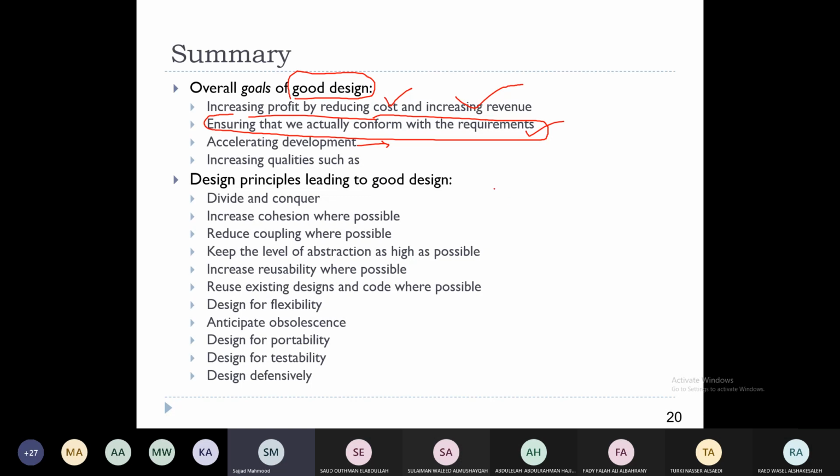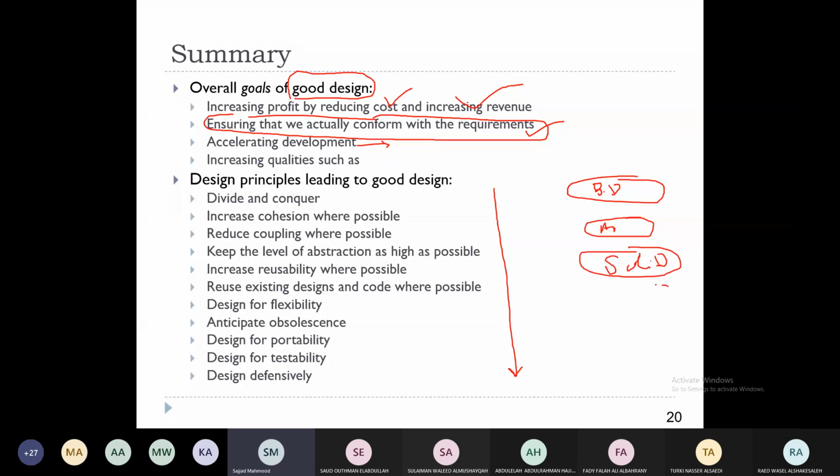I just encourage you guys to keep these 11 basic rules in the back of your mind. You know the basic design techniques like abstraction and encapsulation. You know the architectural styles. You guys now know the SOLID principles. You guys know the design patterns.